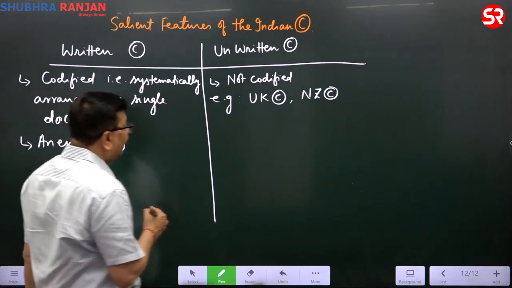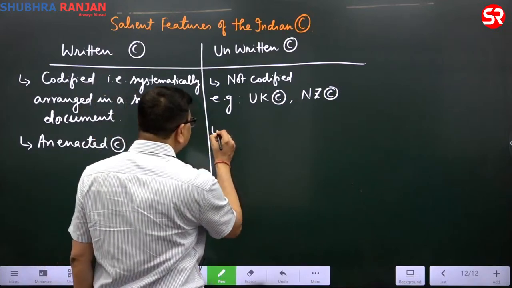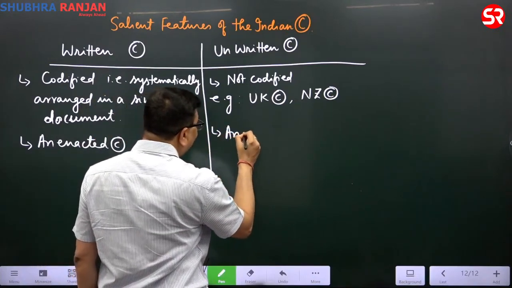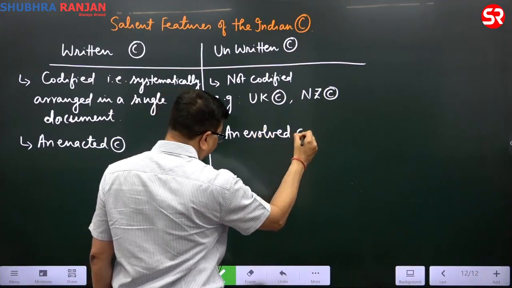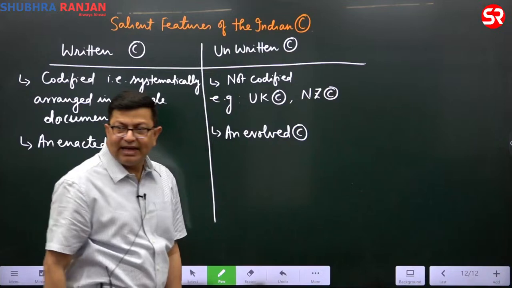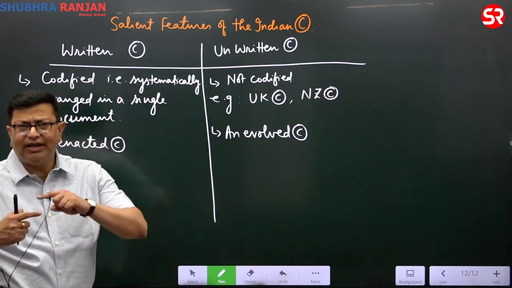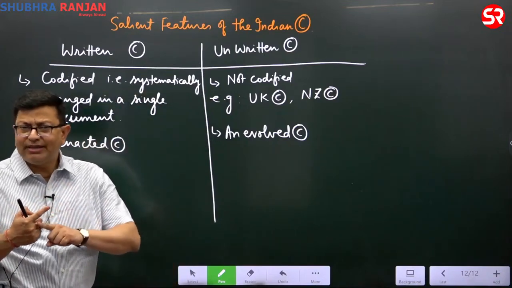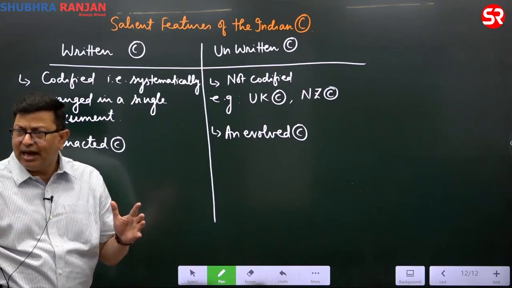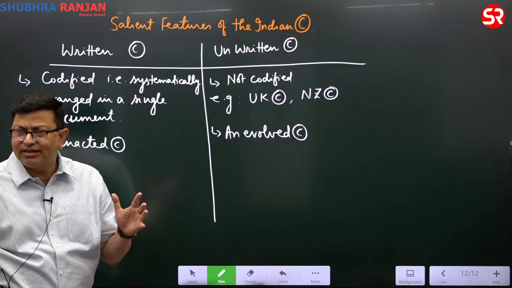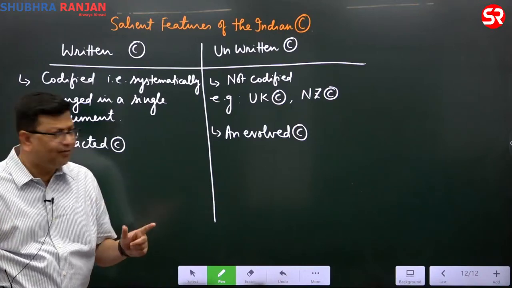On the other hand, an unwritten constitution is an evolved constitution, a gradual evolution. It is not that a group of people sat down together and took one year, two years, and wrote the constitution.